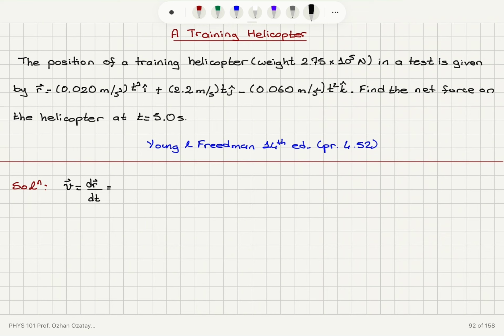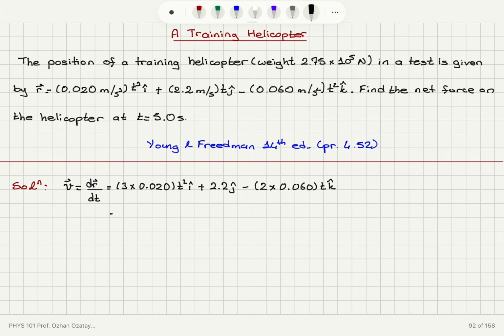So I have 0.02 t cubed, which becomes 3 times 0.02 t squared i hat, and then I have 2.2 t, which becomes 2.2 j hat, and I have minus 0.06 t squared, which becomes minus 2 times 0.06 t k hat.